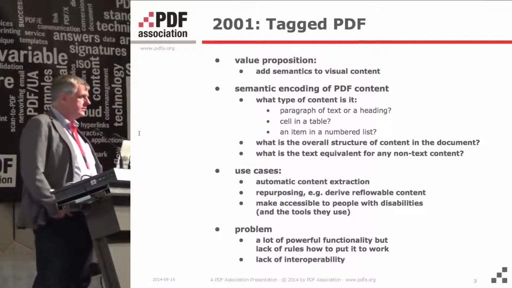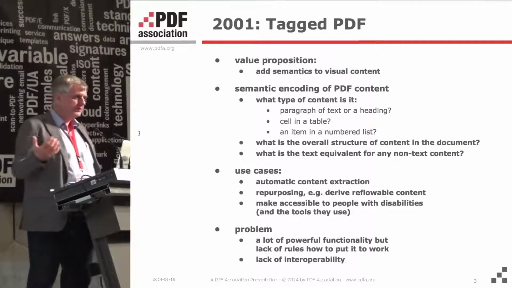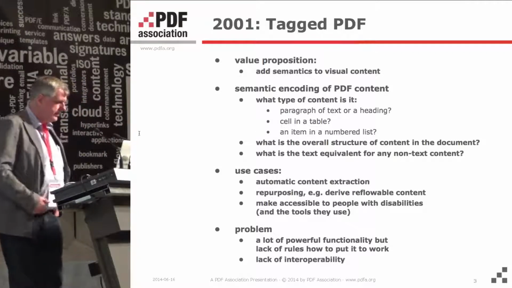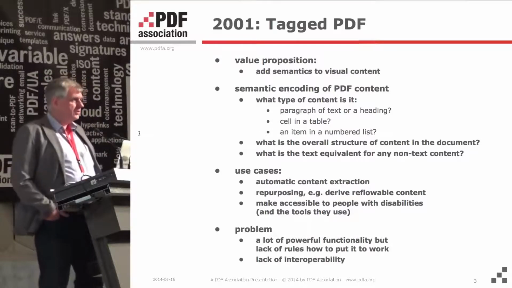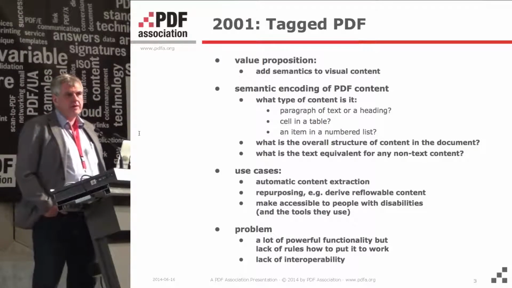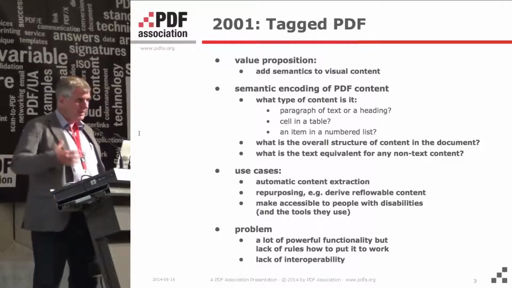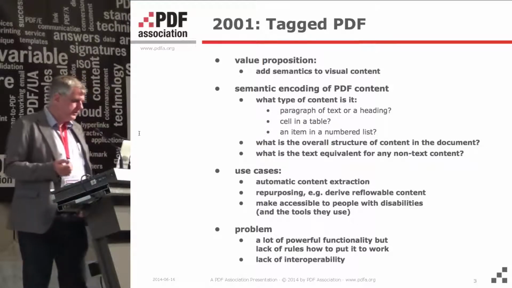Where's the start, where's the end? Is there any hierarchical structure in the file? It can be expressed using Tagged PDF. Or for content that doesn't exist as text content, there's now a mechanism in Tagged PDF to express that content in the form of alternate text.